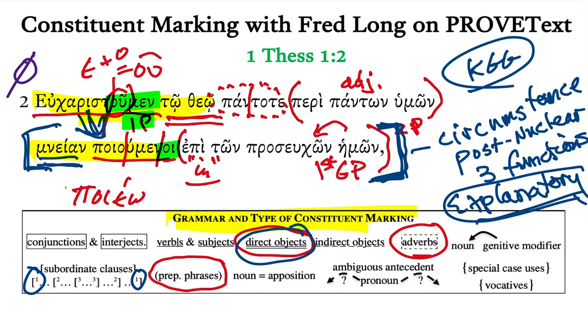Particularly, why is Paul always giving thanks for you all? What's the circumstance under which he does that? Well, the explanation is that he's always making remembrance in our prayers. So this making of remembrance is explaining more about Paul's constant giving of thanks.